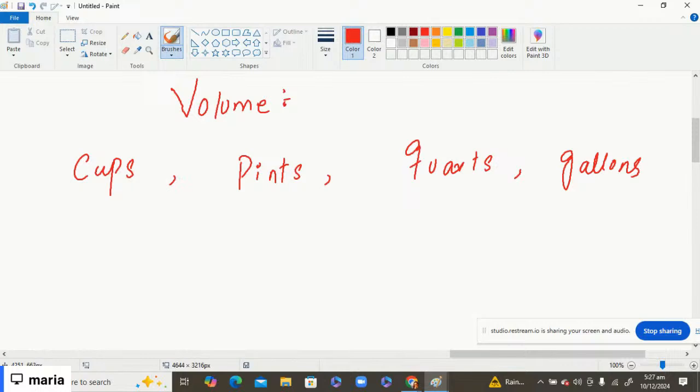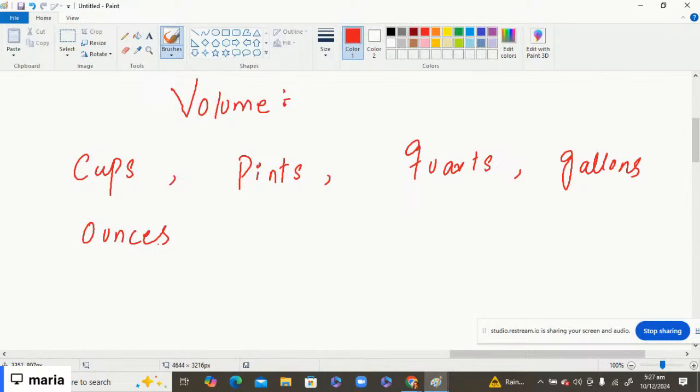Okay, these are the four units in which volume is measured, and one more thing, that is ounces. I think that's it.